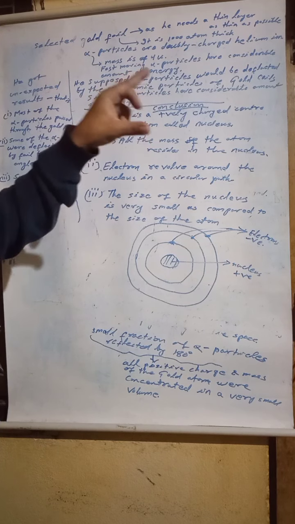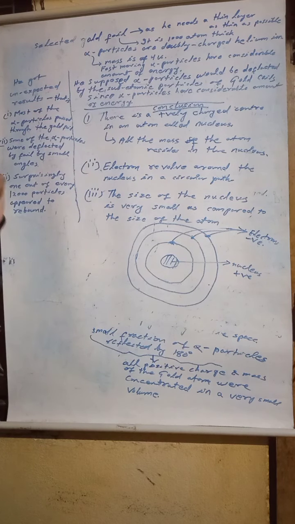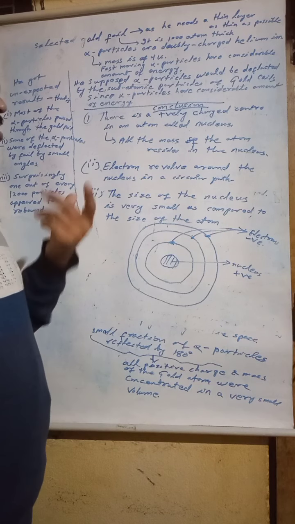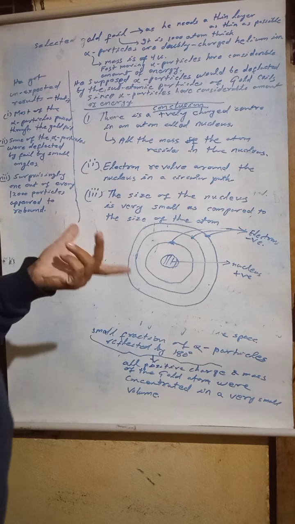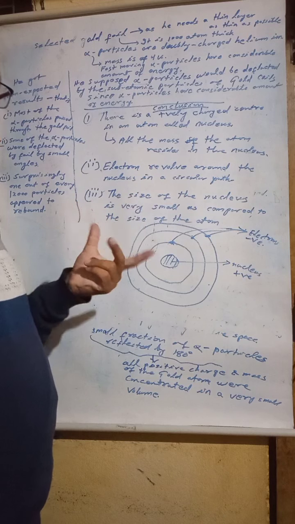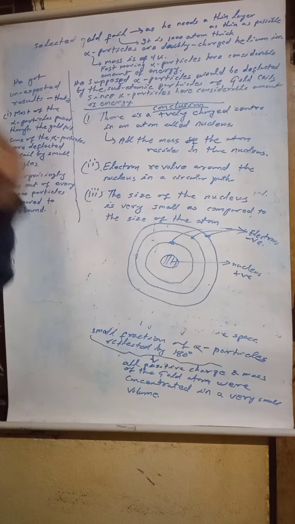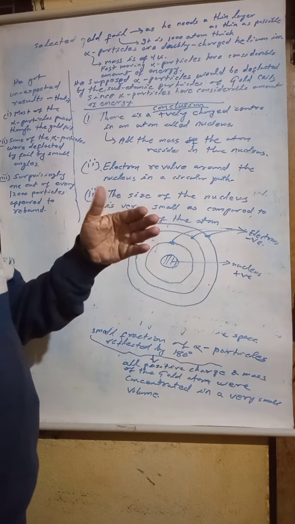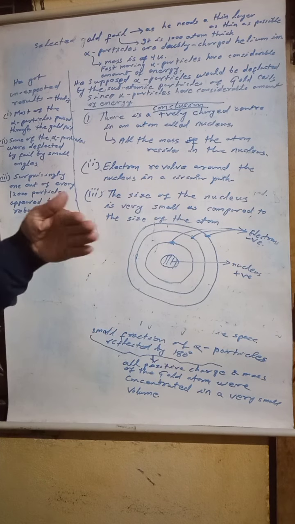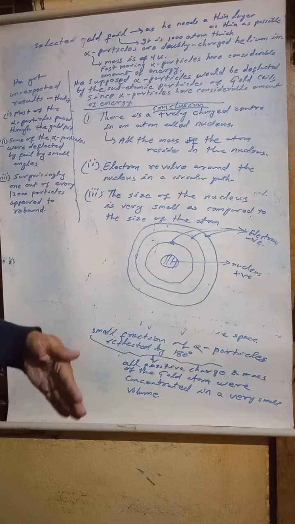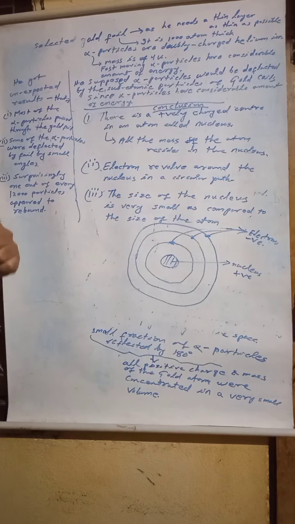Since alpha particles have a considerable amount of energy, he conducted this experiment keeping in mind that alpha particles would be deflected from the gold foil.